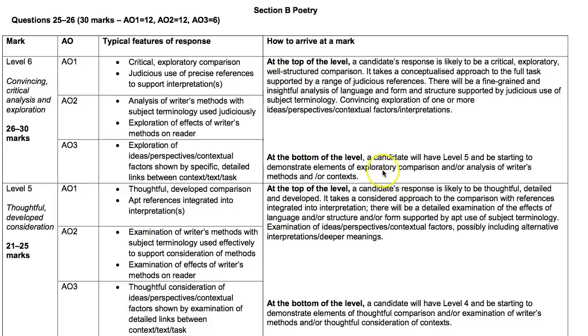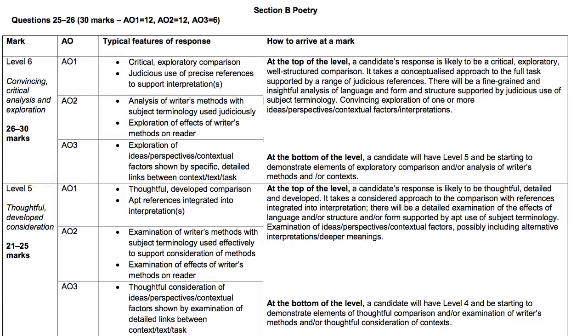It does have exploratory comparison. Here at the bottom of the top level, you only have to demonstrate elements of it, which the examiner's commentary suggested that the candidate did by being exploratory at the end. So the likelihood is the answer I'm going to show you is going to be round about 26, 27 marks perhaps, I don't know.